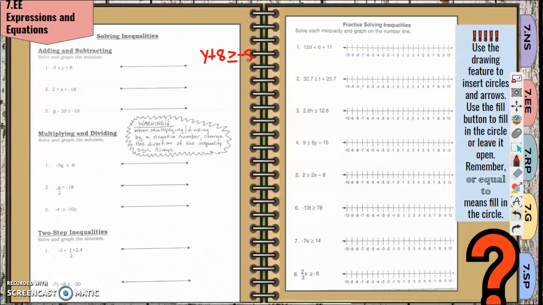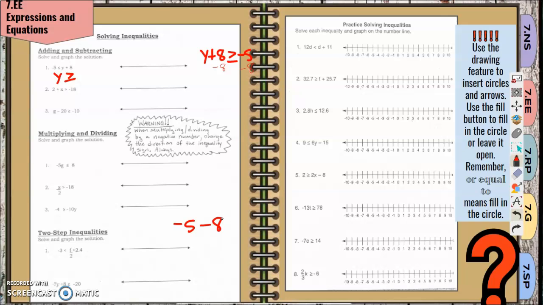Now I solve this the same way I solved one-step equations. I'm going to subtract 8 from both sides. That leaves me with y is greater than or equal to -5 minus 8. When I'm subtracting, I use my integer rules.